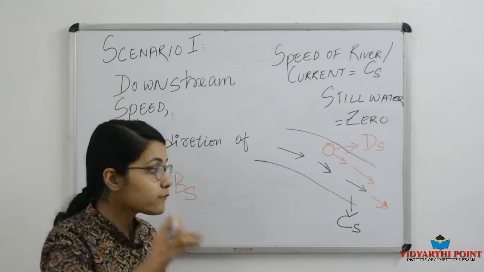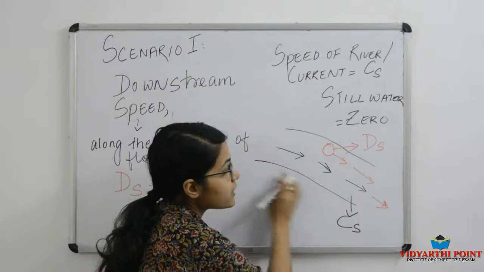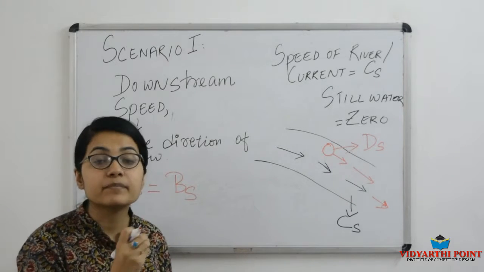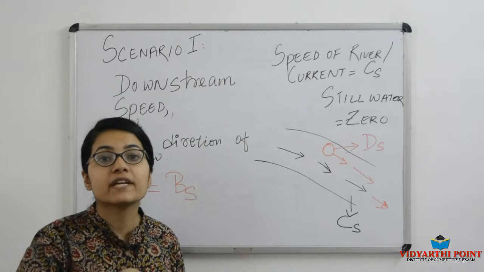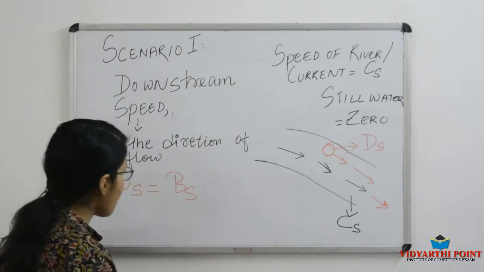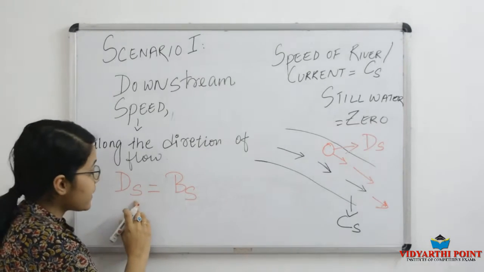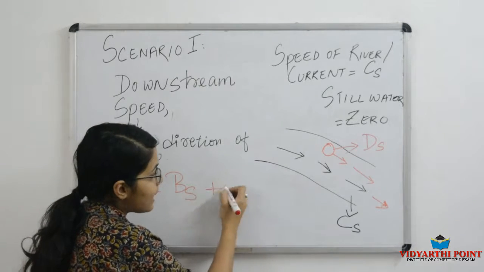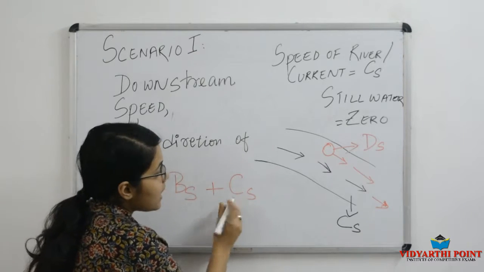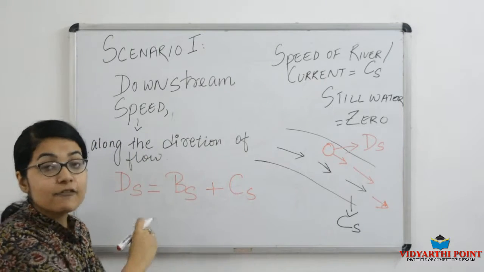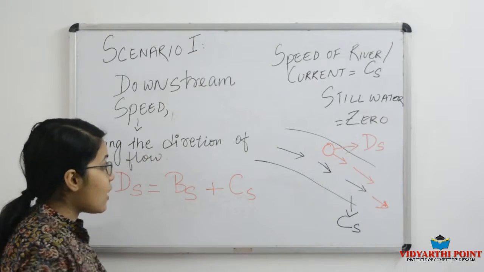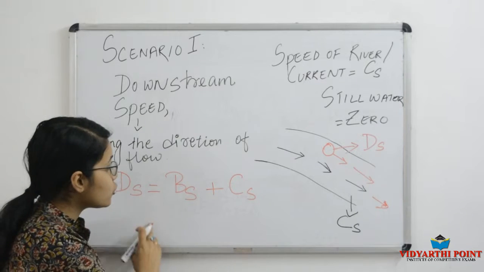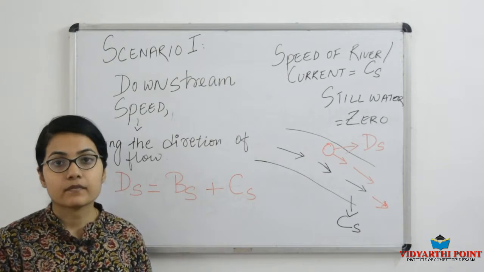Whenever a boat is flowing in the direction of the river, this speed of current will help the boat since they are flowing in the same direction. So downstream speed will be equals to speed of boat plus speed of current. This is the formula for downstream speed. Please pause the video and note down this formula.